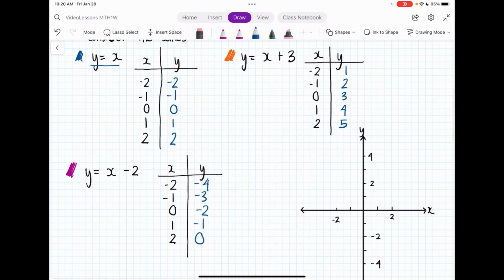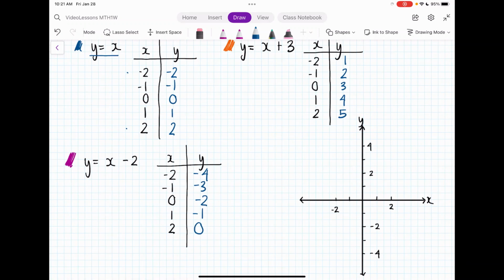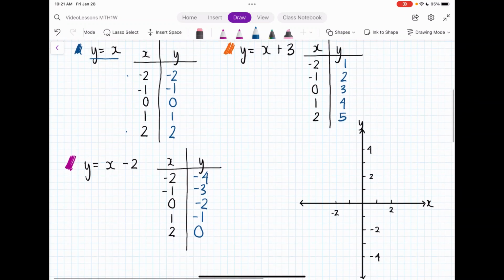So what I'm going to do is plot just the first point and the last point and then connect them, and you can do the same thing. What I would suggest is do that for all 3 graphs and then check whether you have the same thing that I get. So press pause on the video, do that, and then continue and have a look at it. And if you're getting something wrong, then you can go back and check what you're doing incorrectly.